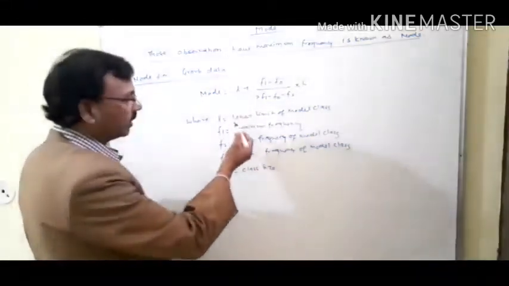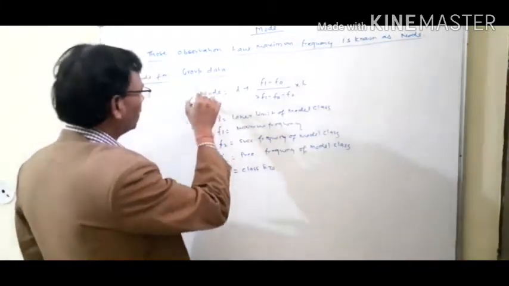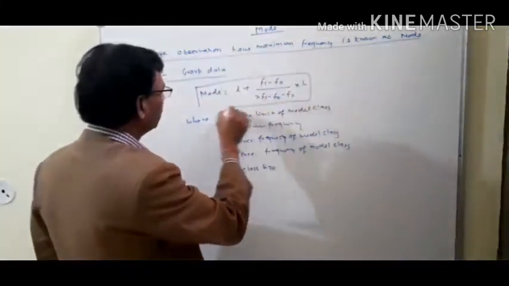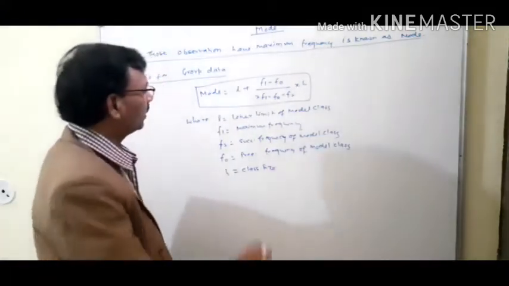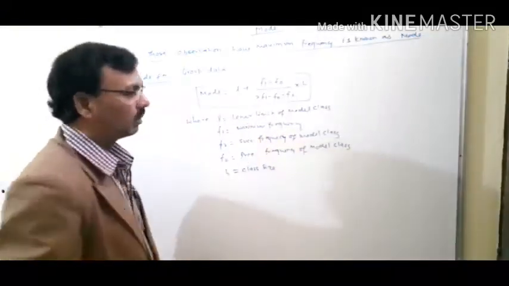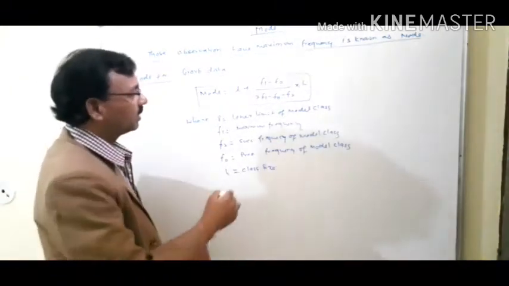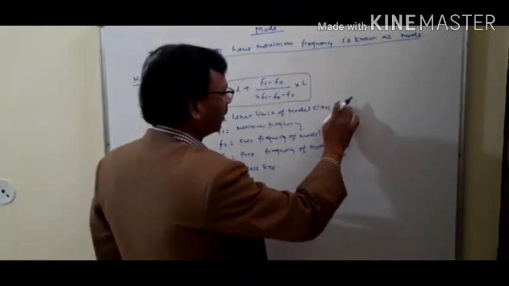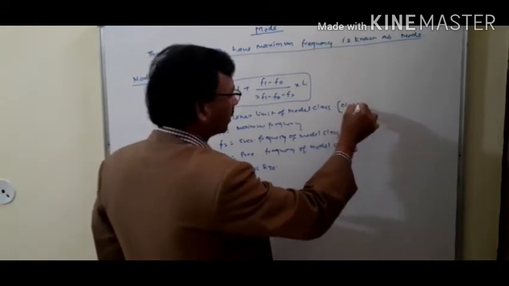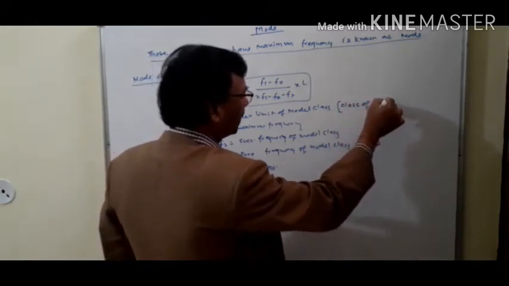But in this situation, what is the main problem? Our main problem is how to determine which class will be the modal class. Modal class is the class of maximum frequency.